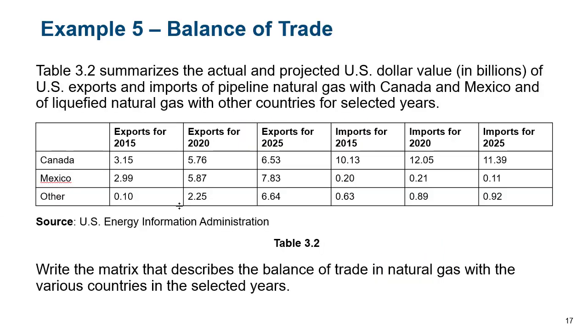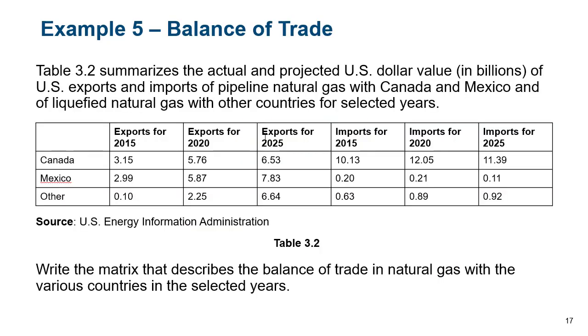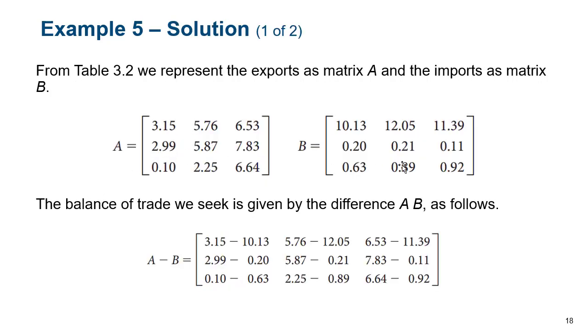Okay, so here's all this, right? And you can see that there are 6 columns. So you might be asking, why are there only 3 here and 3 here? Remember, we wanted 1 for exports and 1 for imports. So the first 3 columns were exports, the last 3 were imports. So here are the numbers for exports, here are the numbers for imports.